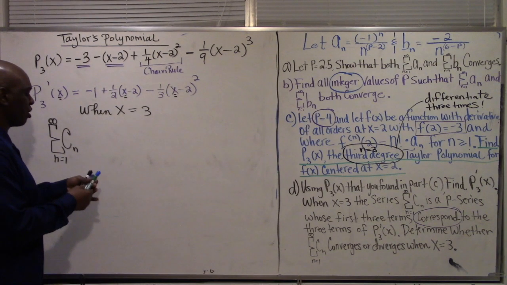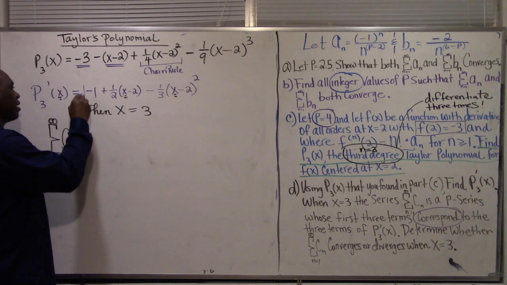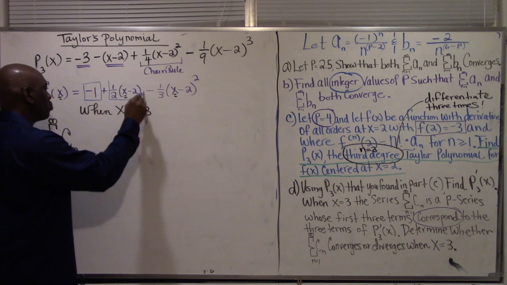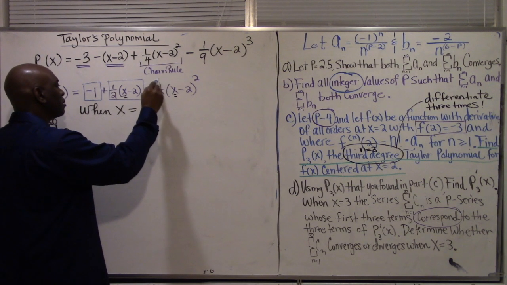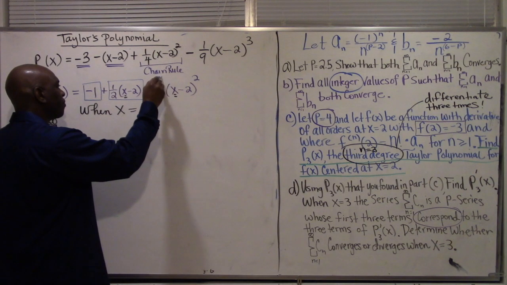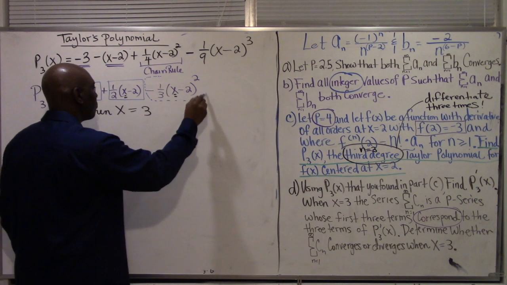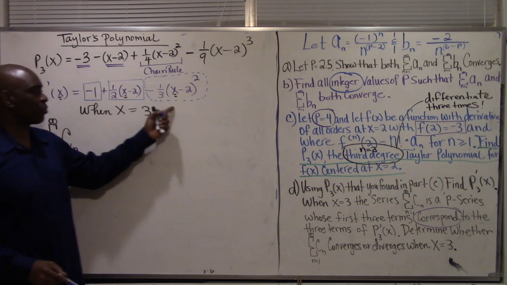The first 3 terms of the polynomial. Here's term 1. Here's term 2. Here's term 3. Well, in this case, you got to include the negative. Term 1, term 2, term 3.